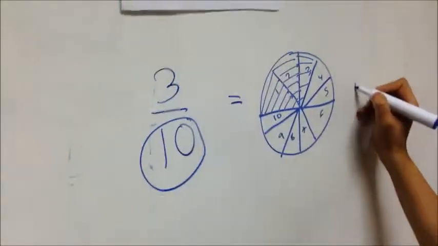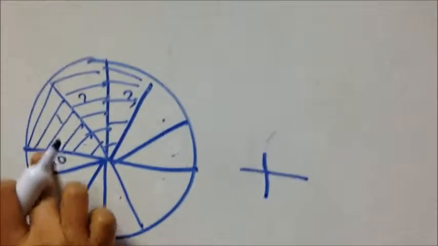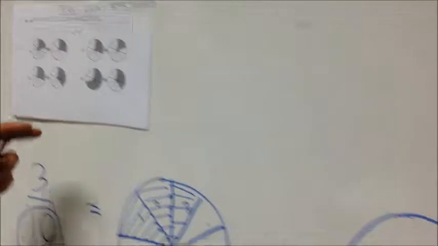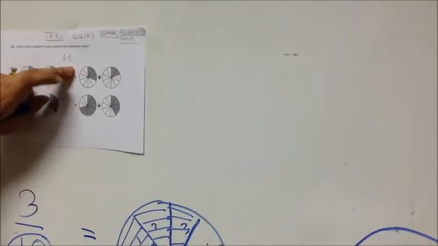Plus, our second fraction here is 2/5. So let's make a circle. And how many parts do we divide our circle into? As the denominator is 5 here, we divide it into 5 equal parts.